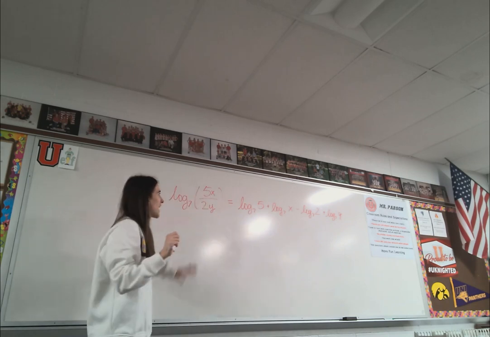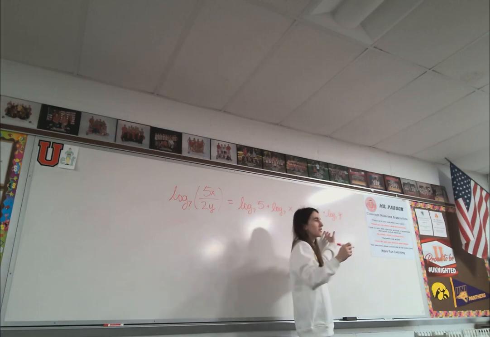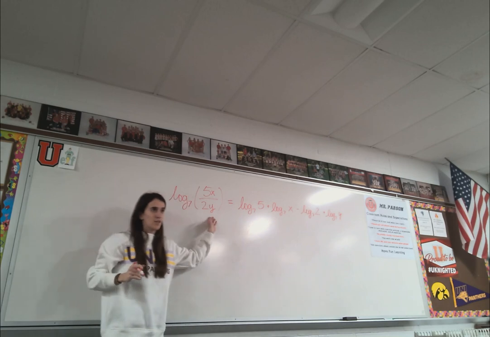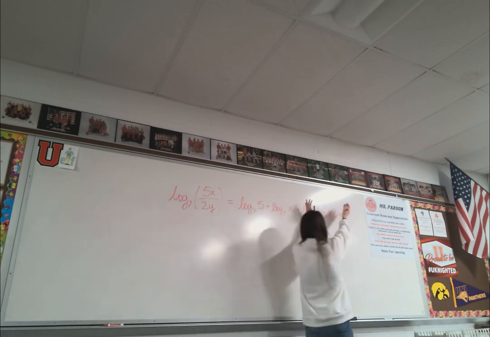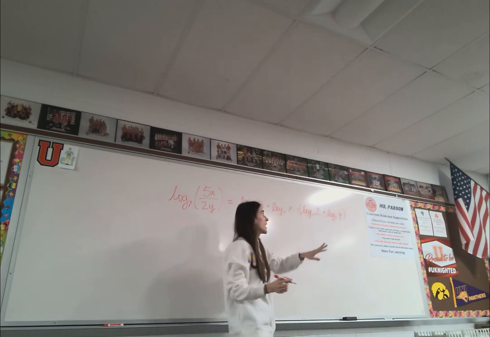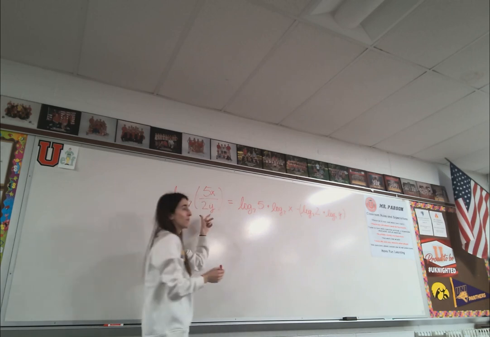So, Ruby, I like all of this, but one thing I'm going to change is that this right here is all in our denominator, right? So this whole thing is being subtracted. These two are adding individually because it's 2 times y.